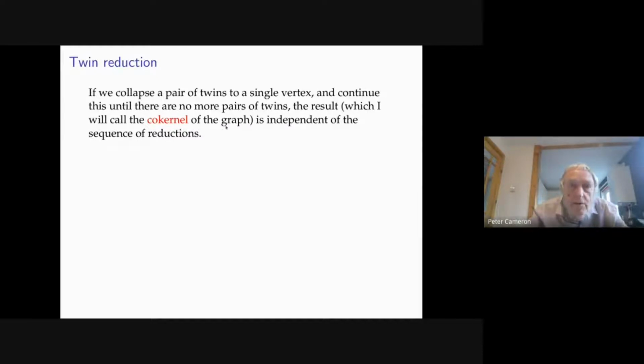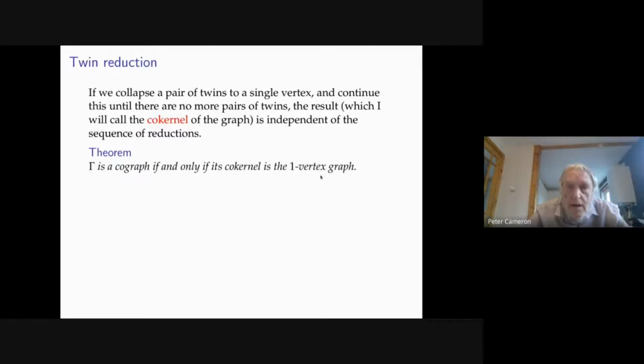So the co-kernel of a graph is what you get by identifying twins wherever possible. And the result is independent of the way you do the reductions. That's another exercise which is not difficult. Now, here's why cographs and twins are closely connected. A graph is a cograph if and only if its co-kernel is the one vertex graph.